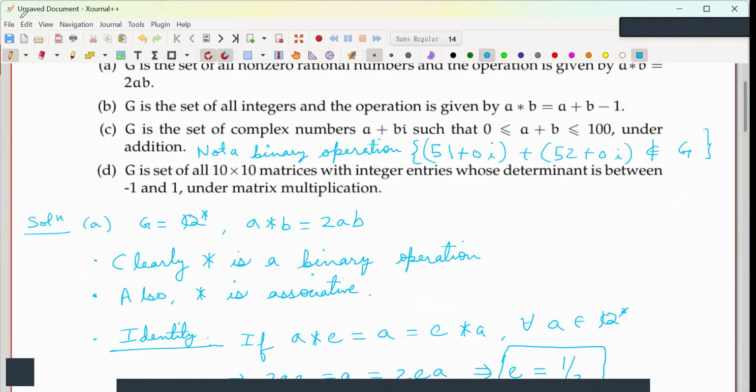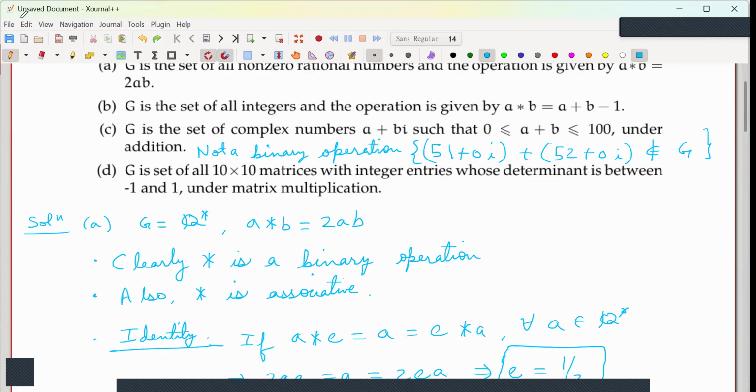Now G is the set of all 10 cross 10 matrices with integer entries whose determinant is between -1 and 1 under matrix multiplication. Again, this is not a group. If the determinant of some matrix is 0, then it won't have an inverse. Very nice.